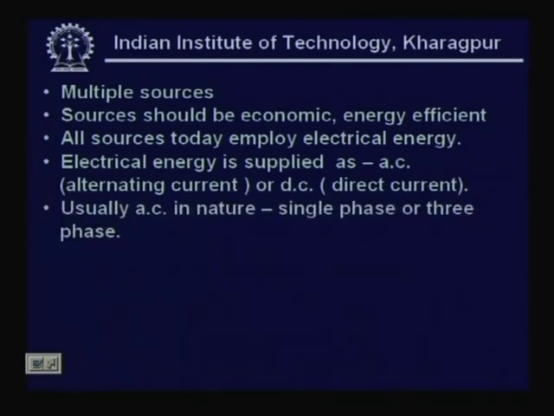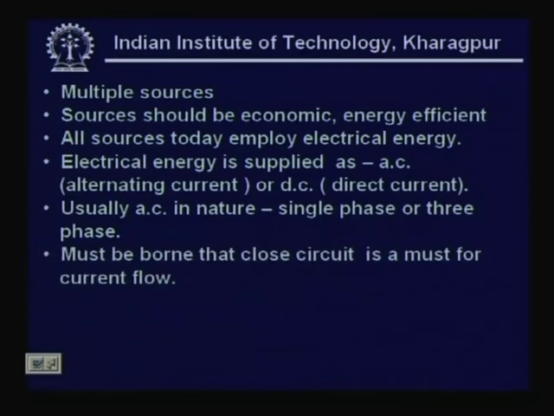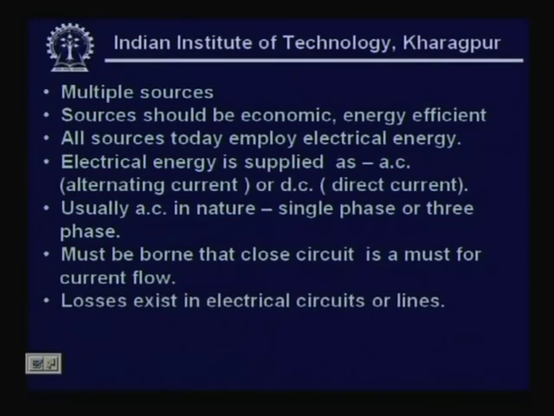Usually, as I said, it is AC and it is either single phase or three phase. We will look into the details, but one has to recall that any current flow calls for a closed circuit. Without a closed circuit, current cannot flow. This has to be kept in mind.